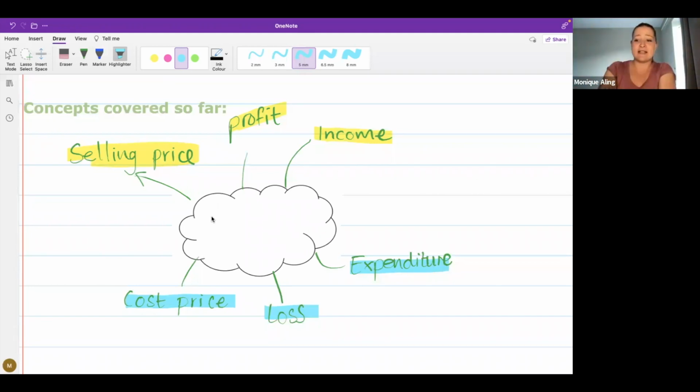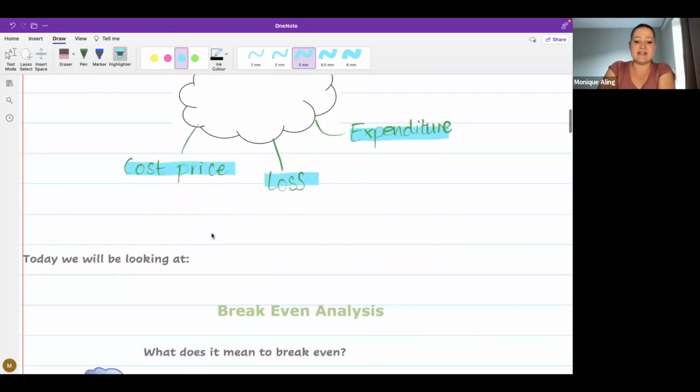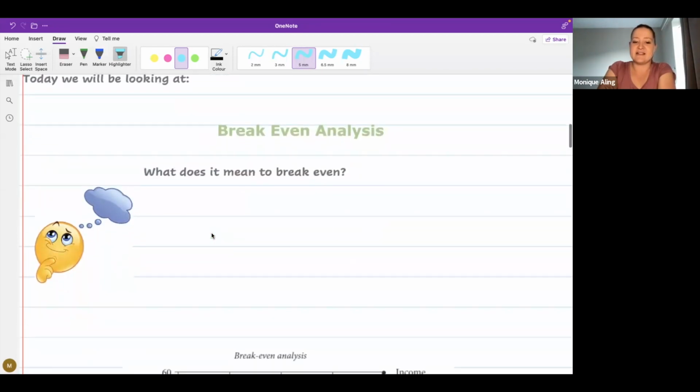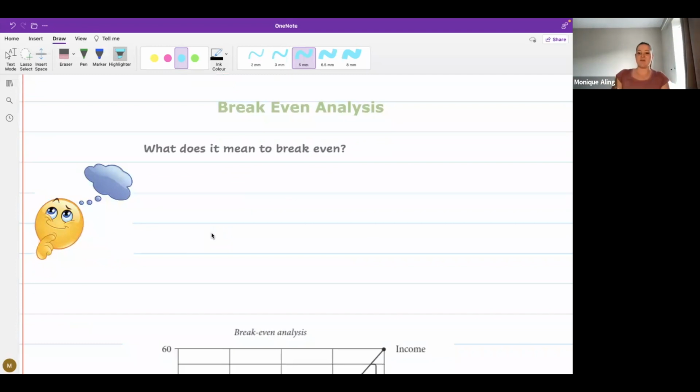So all of these things come into play for our lesson today, and we'll be looking at break-even analysis. So who can tell me what is break-even? What does it mean to break even?